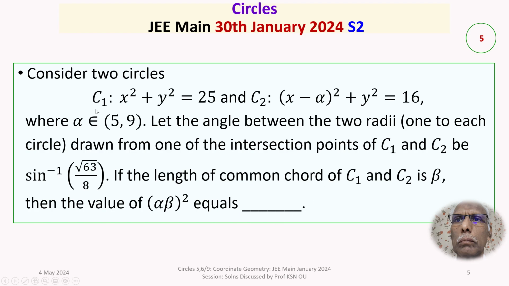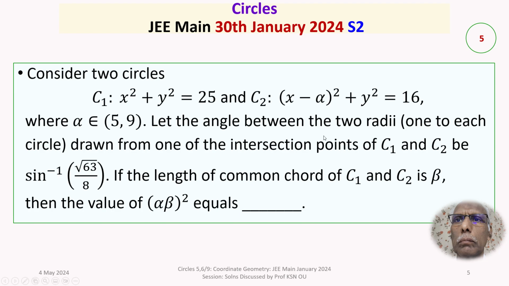We are given 2 circles C1 and C2, and C2 involves an alpha, which comes from the open interval 5, 9.